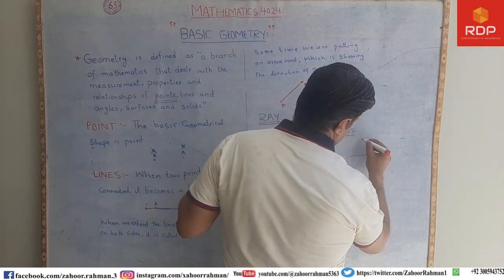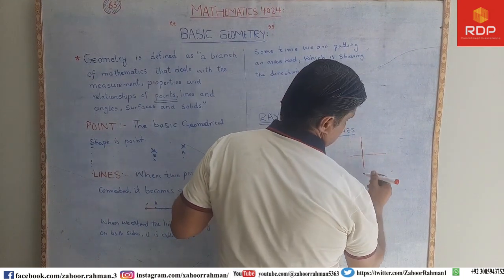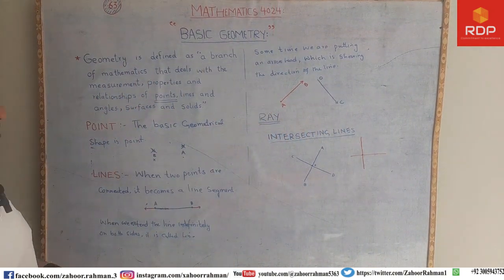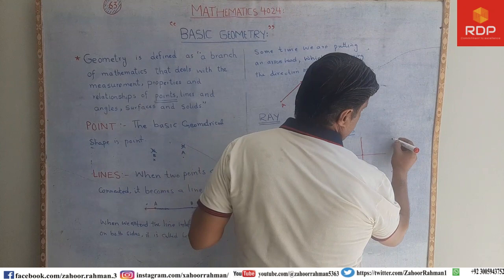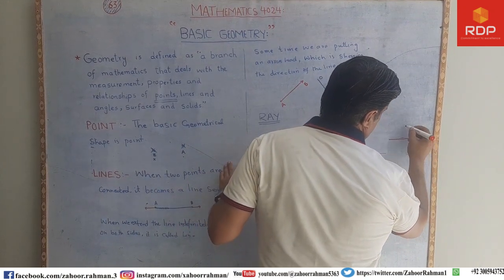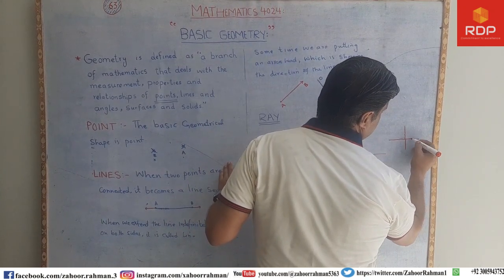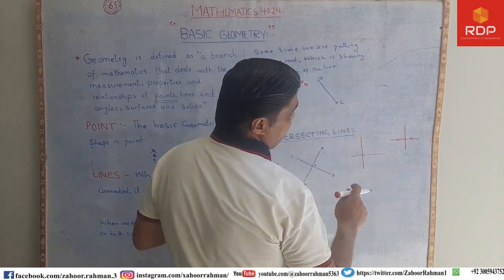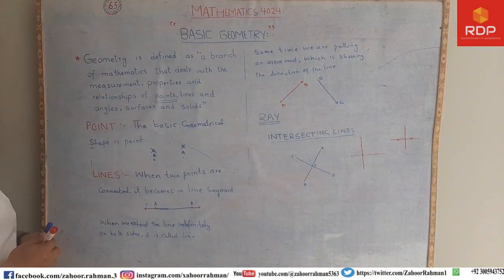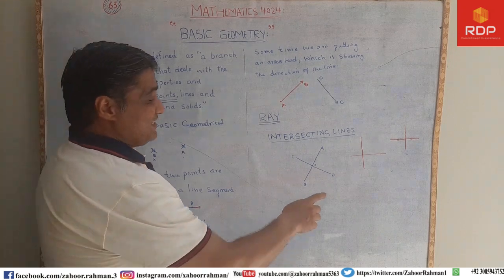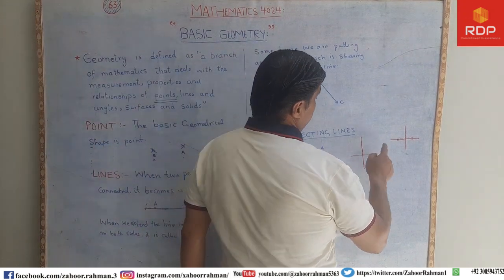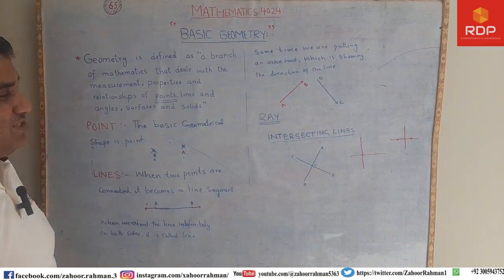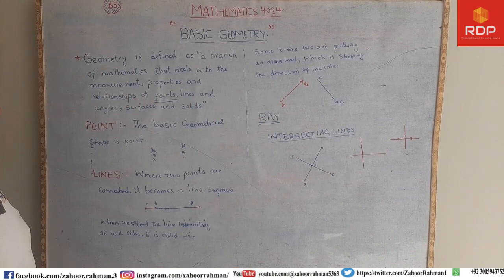Intersection can be like this. This is the intersecting point. But bisection means that one line is equally bisected in the middle. This is intersection and this is bisection. Bi means two, section means in two sections.